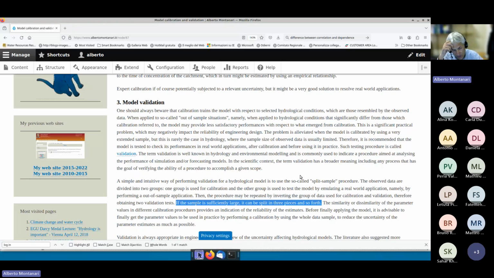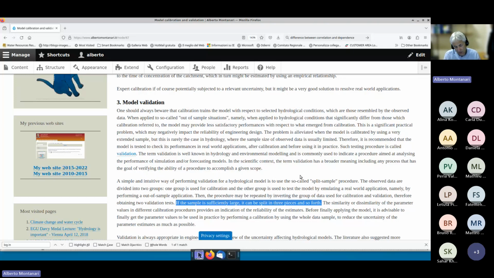Another solution, which is probably more recommendable, is this: once you have finished your validation and you are happy with it, and the validation has been performed perhaps on 3 different groups of data, let's suppose that you are fairly happy.